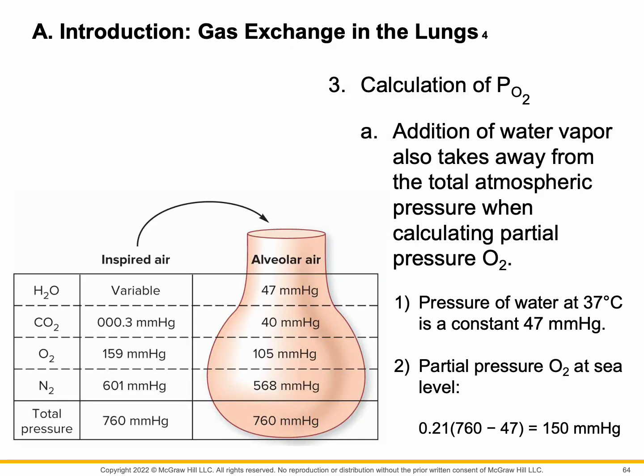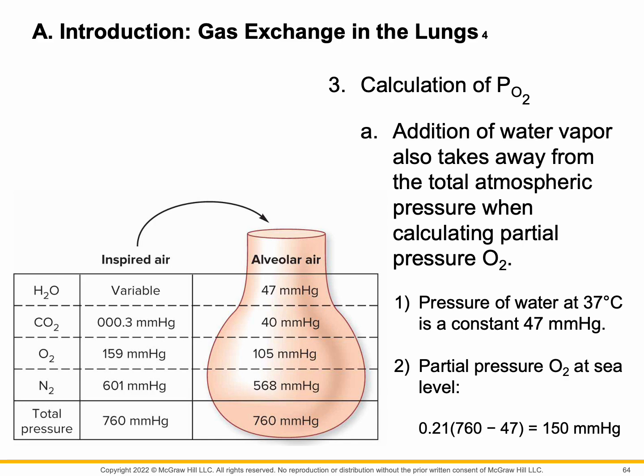So when we're calculating the partial pressure of oxygen, the addition of water vapor also takes away from the total atmospheric pressure. The pressure of water at 37 degrees Celsius is a constant 47 millimeters of mercury.